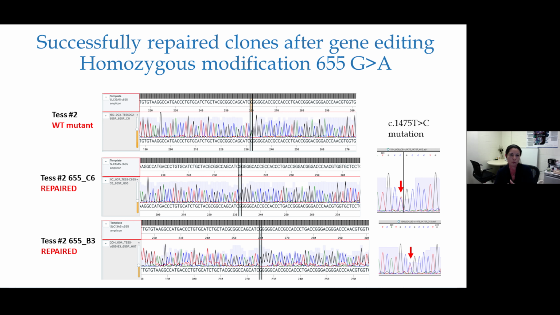So these 2 clones are heterozygous now for the 1475 mutation, and theoretically they should now have 1 allele expressing the protein.